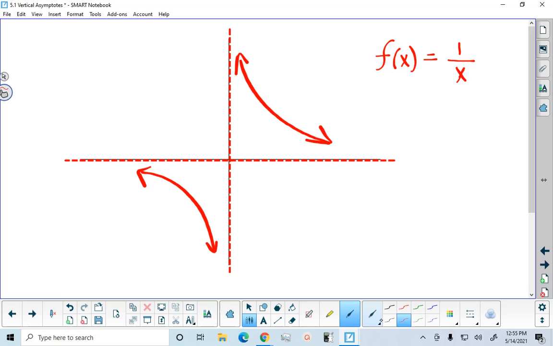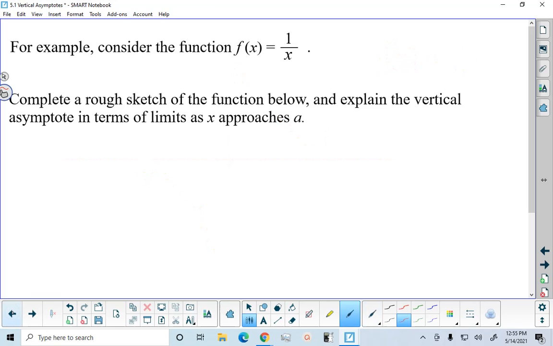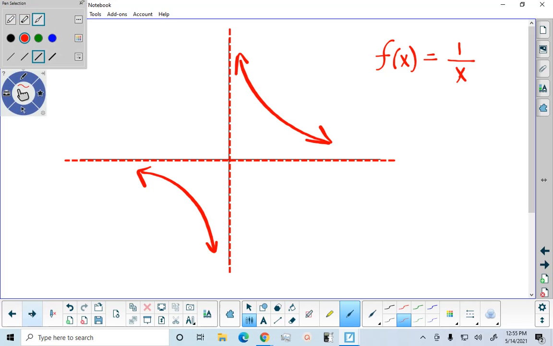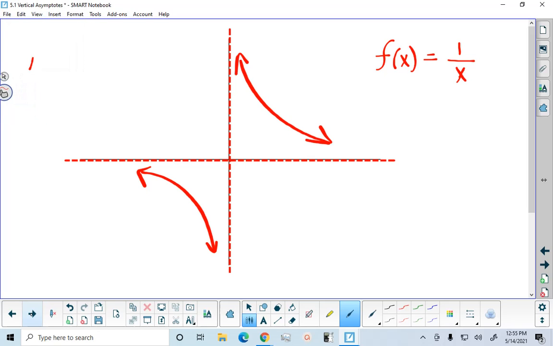And we are asked to explain, look at what it says, explain the vertical asymptote in terms of limits as x approaches a. So what is our explanation here? Our explanation is the limit as x approaches 0 from the left. The vertical asymptote, everybody, has an equation of x equals 0.